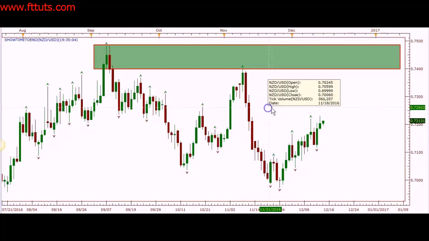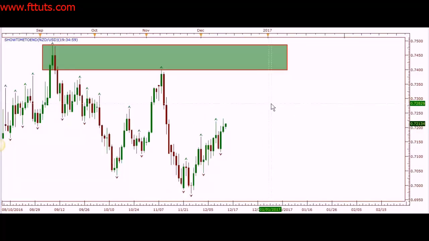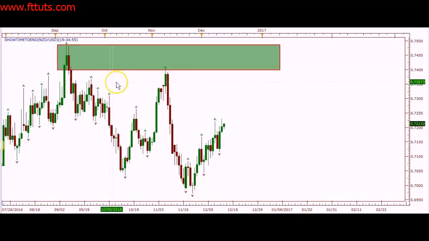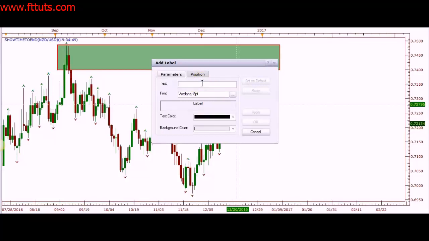And the way it dropped like that, I want to make this into another zone, because now when price gets to that zone, if we were trading this zone from prior, this is going to be, let's draw this out. Let's mark this.